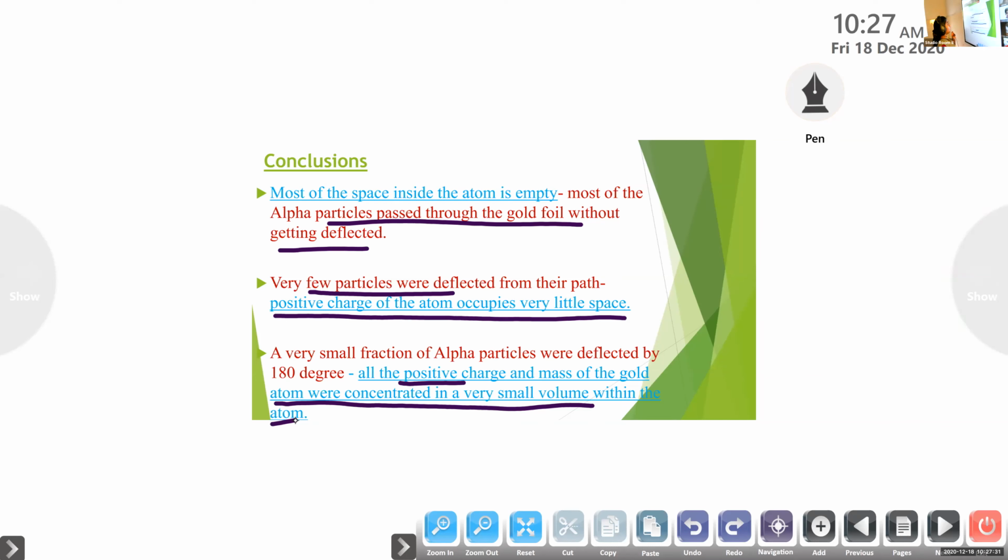So these are the 3 conclusions: most of the space inside the atom is empty; the positive charge of the atom occupies very little space; and all the positive charge and mass of the gold atom were concentrated in a very small volume within the atom. Okay, clear?